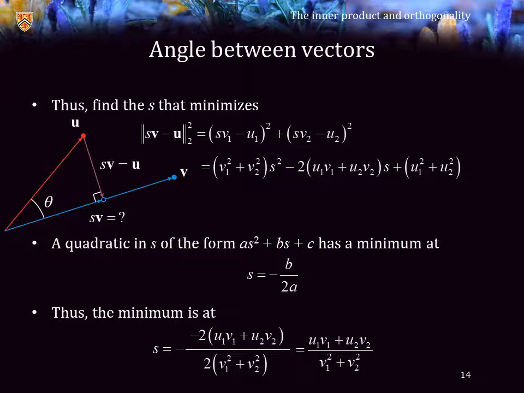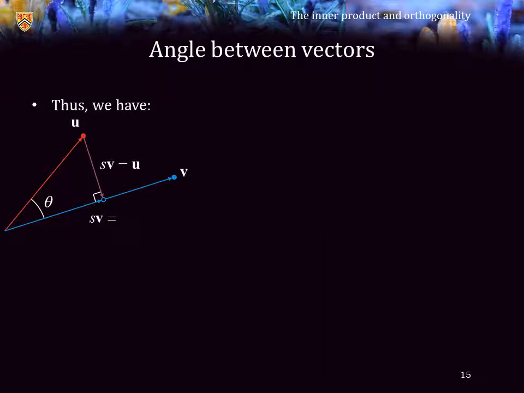What's in the numerator? u1 times v1 plus u2 times v2. Thus we have that the appropriate scalar multiple of v is given by the following expression. And looking at the denominator, we can simplify that to just being the 2 norm of v all squared.